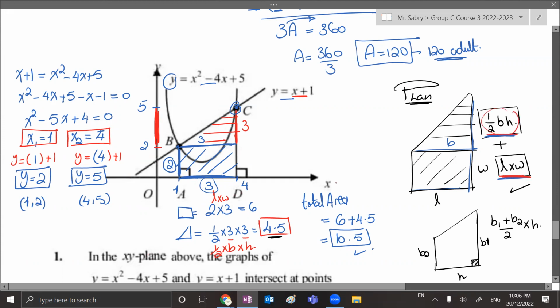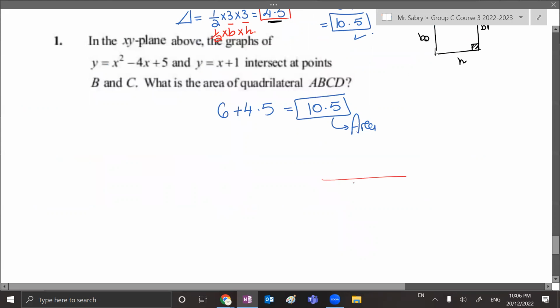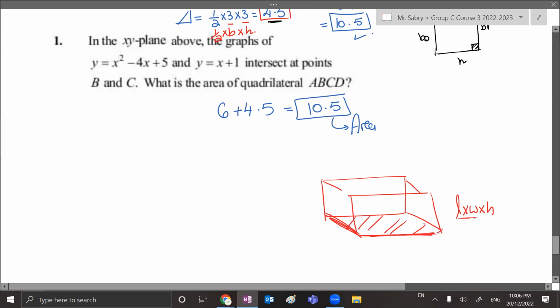بس مش كان في length times width times height؟ Length times width times height ده الفوليوم مش اريا. ده الفوليوم بتاع الريكتانجلر بلوك اللي هو كيوب او كيوبويد. لان الفوليوم بتاع أي حاجة هو الاريا اوف ذا بيس اللي هي length times width، اللي هو rectangle، times الهايت، عشان كده بنجيب الفوليوم.